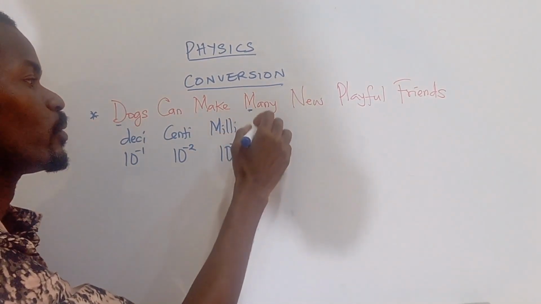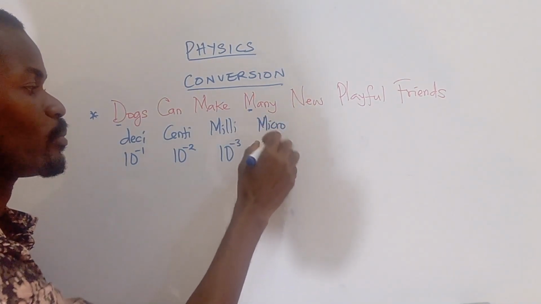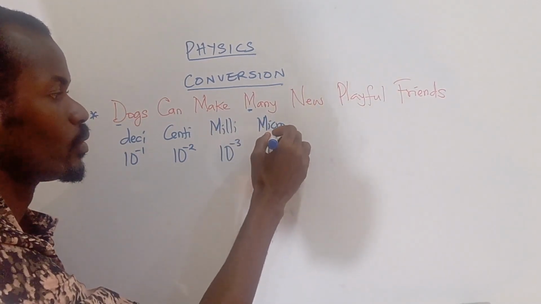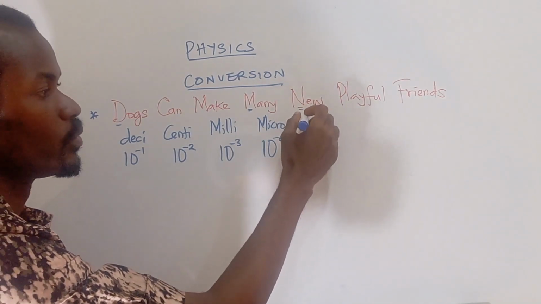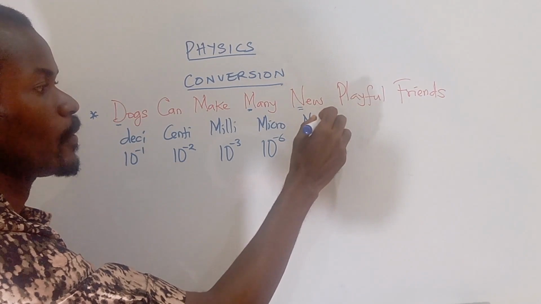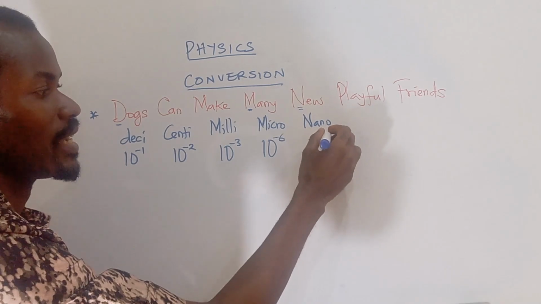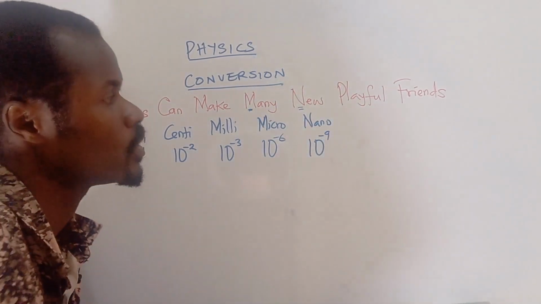And we have another M for what? Micro, which we have as 10 raised to the power of, from 3, we are moving up by 3, so we have minus 6. New, the N here is for what? We have nano, so we have 10 raised to the power of what? Minus 9. Like today, you have what we call nanotechnology.